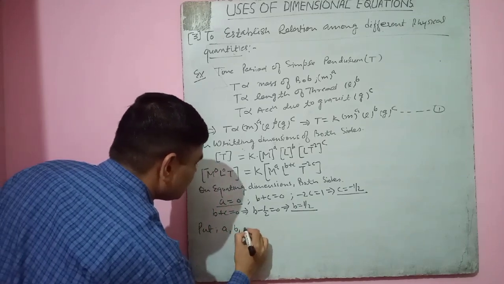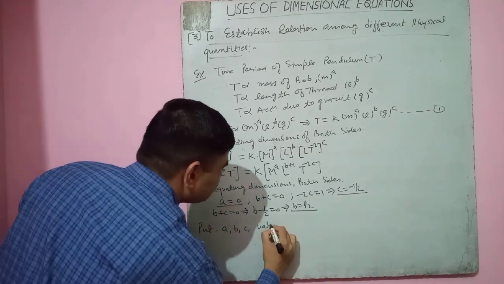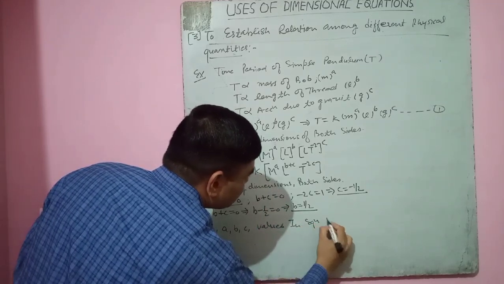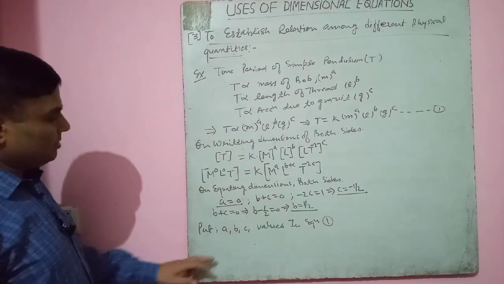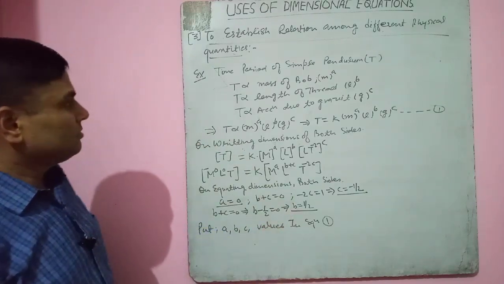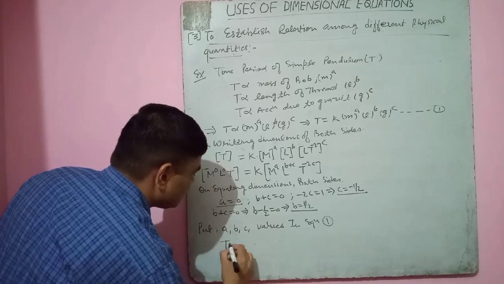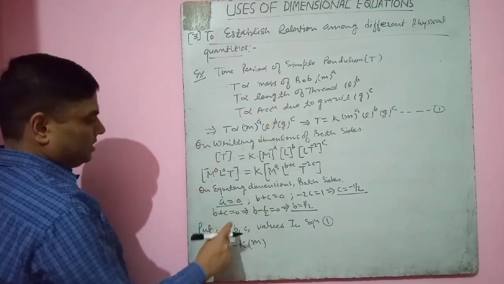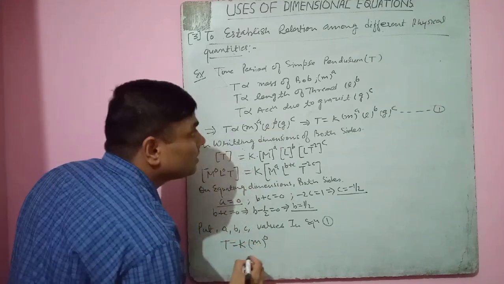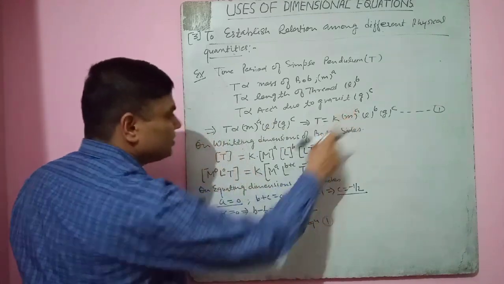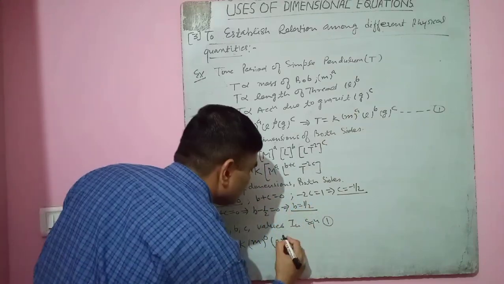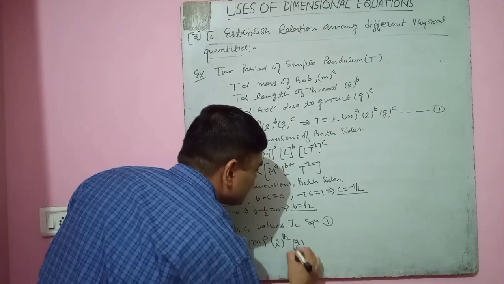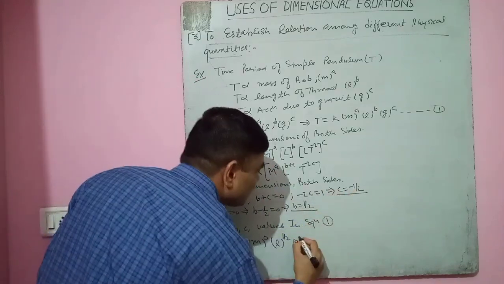Put a, b, c values in equation 1. When we put a, b, c values in equation 1, we obtain T equals K into M to the power a, which is 0, L to the power b, which is 1 by 2, and g to the power c, and c is minus 1 by 2.